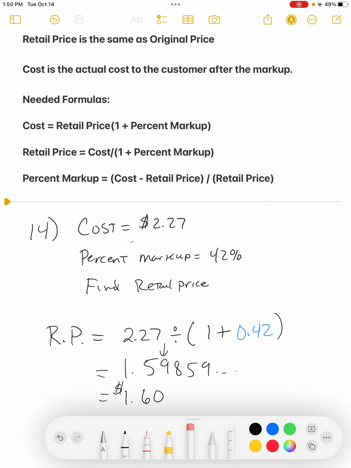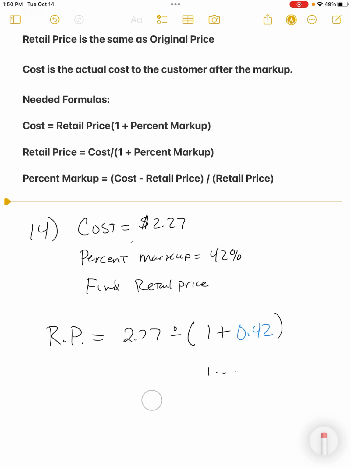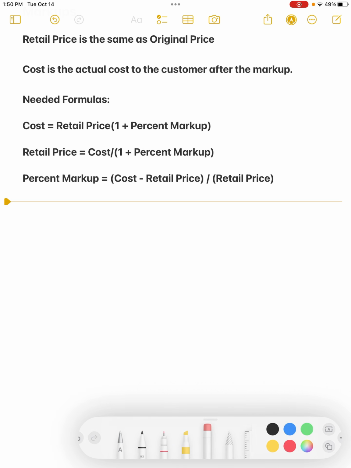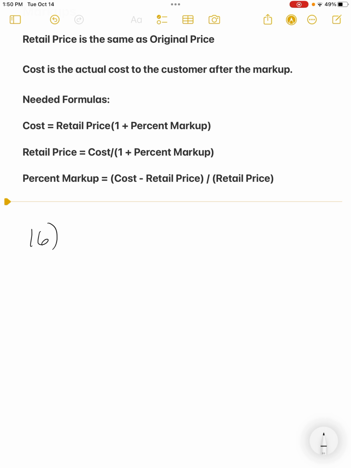As I wrote these formulas, what I strived to do was to keep the language exactly as it was in the homework, right? And I'll mirror that as we go through and do the exam. So what does 16 ask us to do now that we're in this markup area? 16 tells us that the cost, the price after the markup, is $466.16.